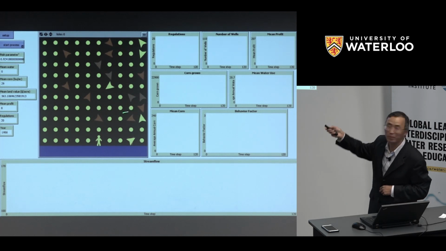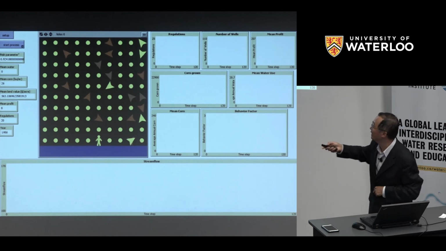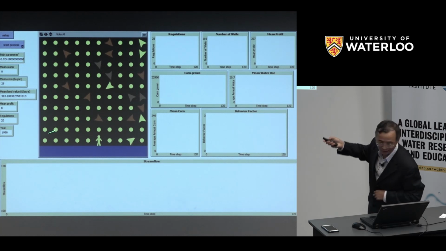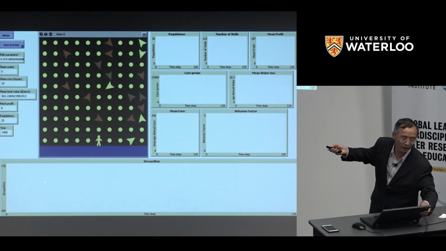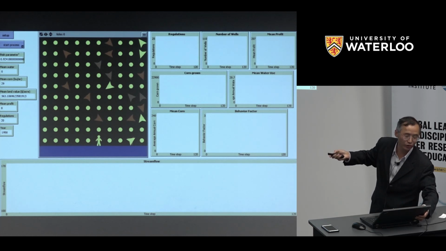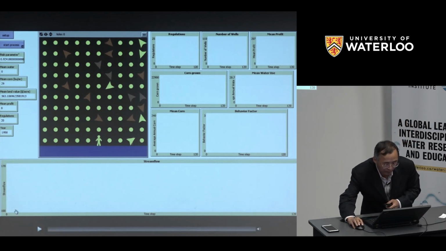And this triangle means there is some violation of the water permit at different locations. Here we also show some parameters like the average water use, the crop yield, the land value, the profit, and the regulation change, right? So now let me just start this.